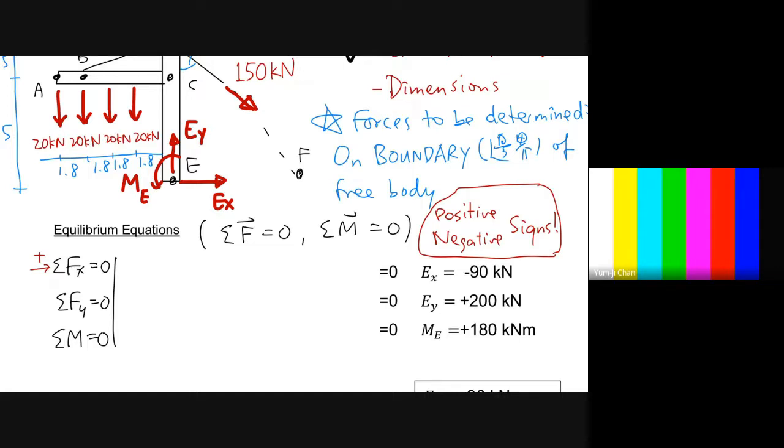It seems not. So we can write Ex plus 150 kilonewton sine theta equal to 0.